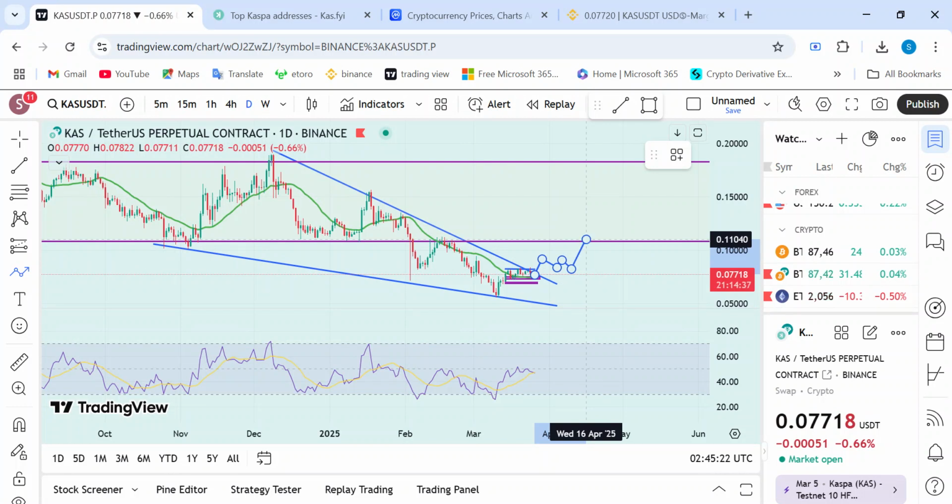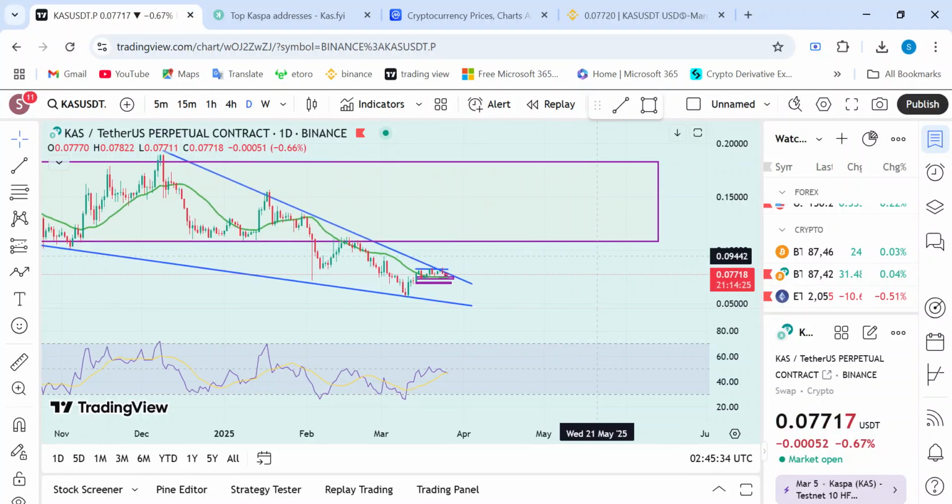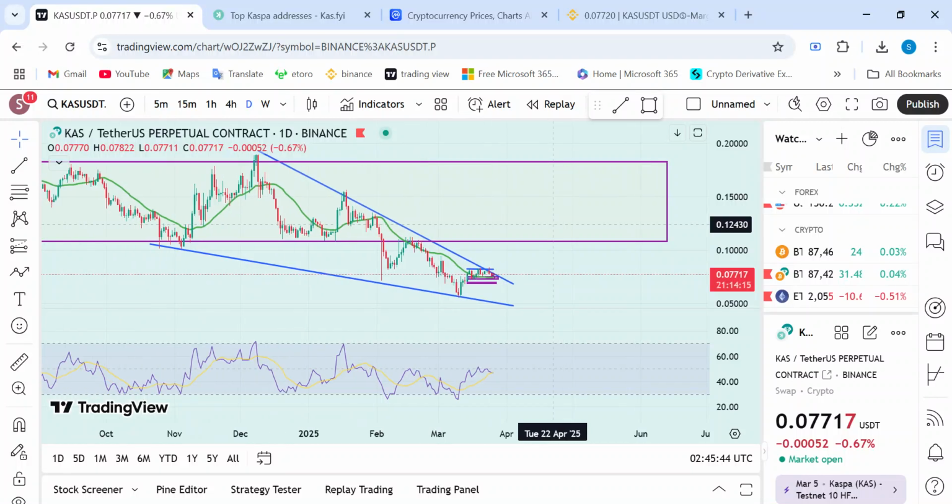Here, if we can get back inside the box, I'll be so happy, which is not out of the realm of possibilities because there are major catalysts Kaspa is expecting. One of them is 10 BPS on mainnet, hard forks, and Binance or Coinbase listings.